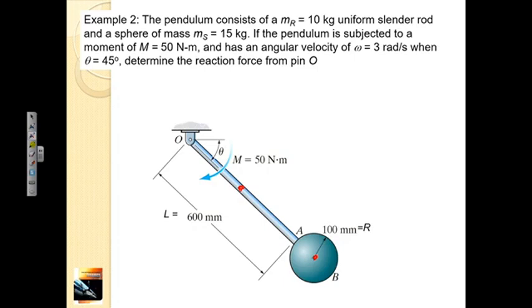So I've got mass times acceleration of the CG in the R direction, and mass times acceleration of the CG in the theta direction. So this is my sum of forces, sum of moments.